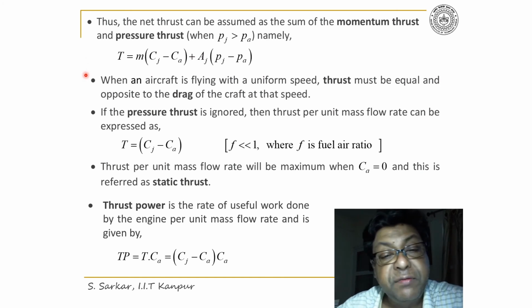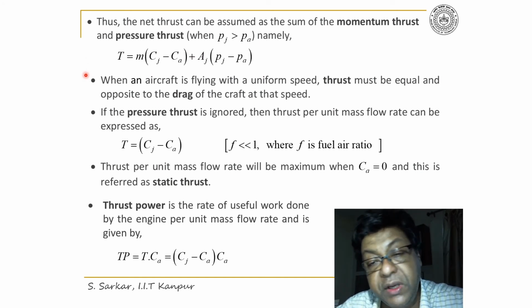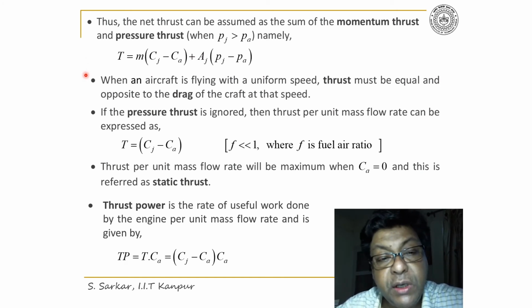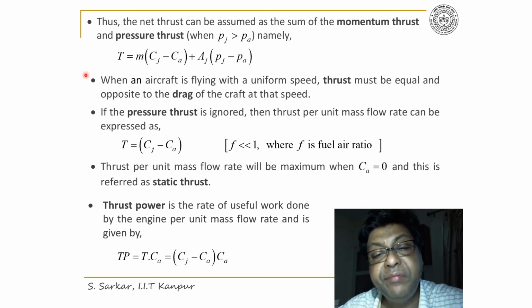When an aircraft is flying with a uniform speed, thrust must be equal and opposite to the drag on the craft.